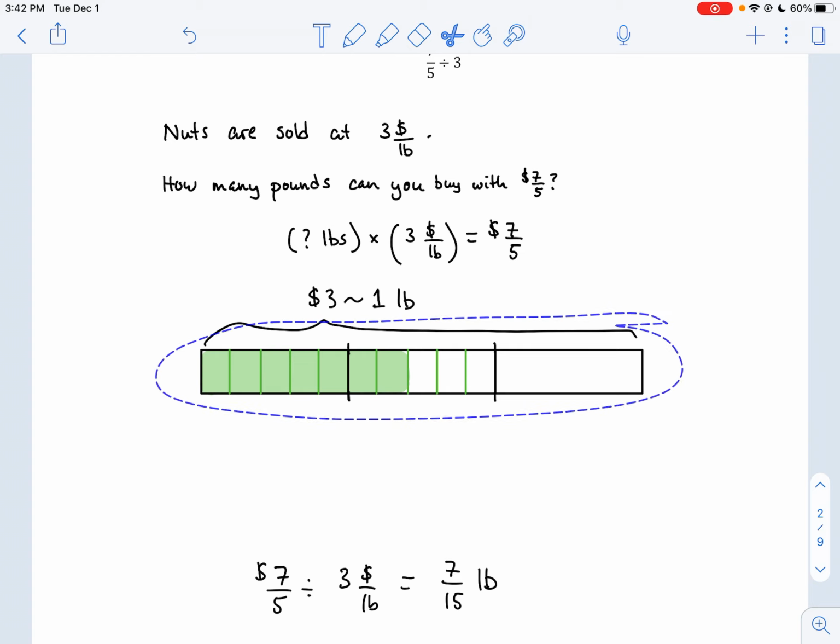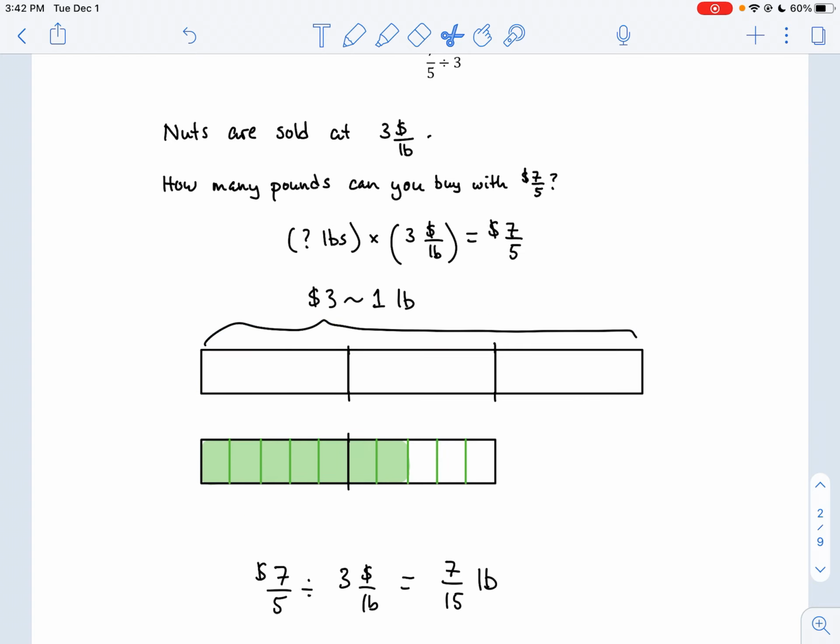And just how much is shaded? Well, if I were to take the whole pound and continue the partitioning, breaking each dollar into fifths, I'll do this a little bit sloppily, then you can see the amount of shading.